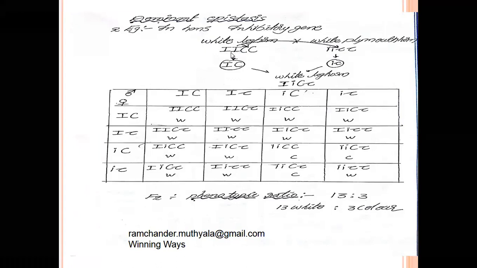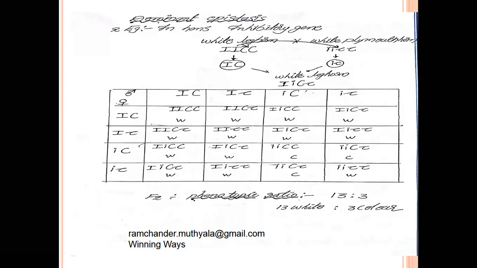From the white leghorn, the gametes are capital I, capital C. From the white Plymouth Rock, the gametes contain small i, small c genes. These two gametes are fertilized to form the F1 generation.